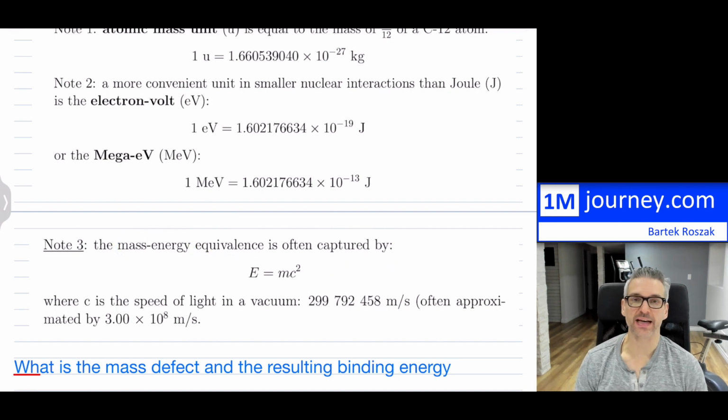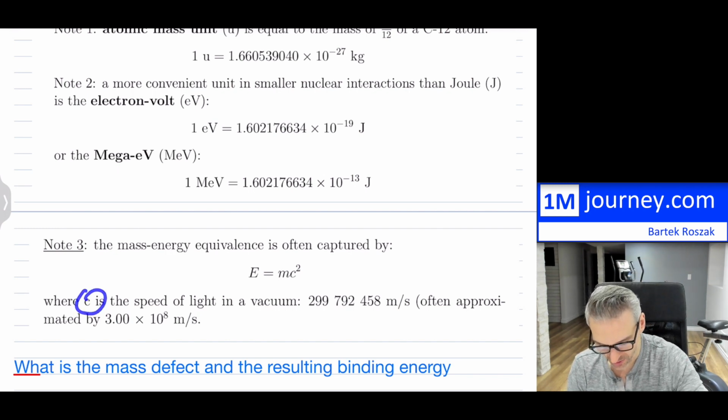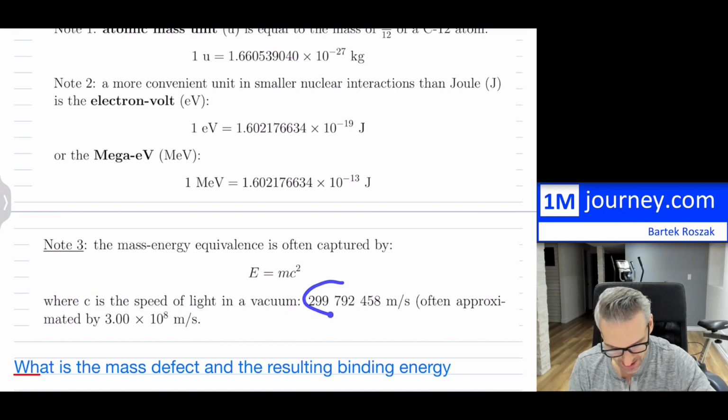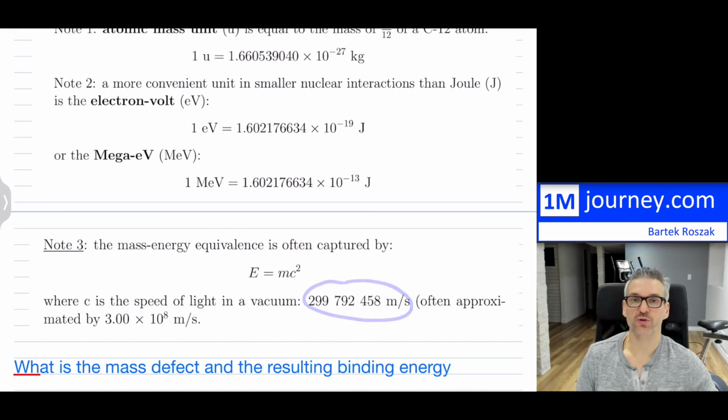Now, the one thing I wanted to point out is that c is pretty much a constant of nature, the speed of light. In a vacuum, we have found what it is, and it is about 299 million, 792,458 meters per second.